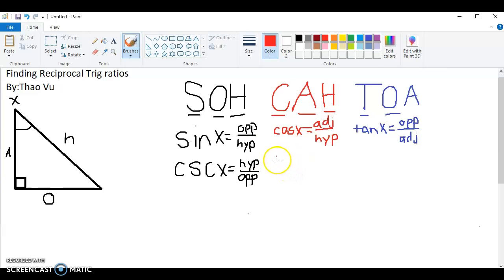And next, for ka, the reciprocal would be secant. So secant of an angle, x represents an angle here, is hypotenuse over adjacent.